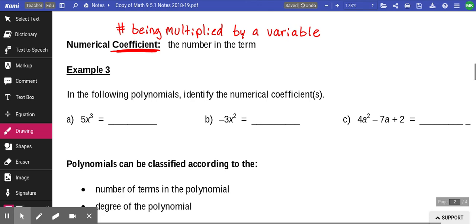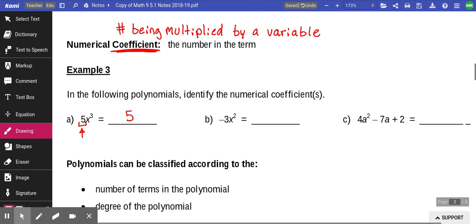So if you look at that first question, we got a 5 times x to the power of 3. That's how we read that. The coefficient would be 5. Because 5 is the number being multiplied by x to the power of 3.